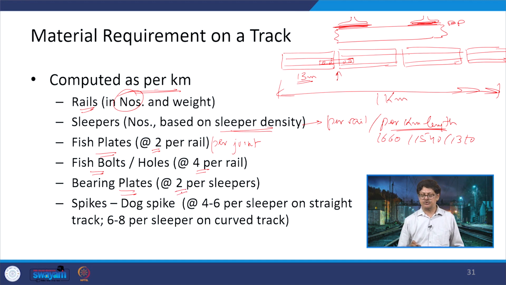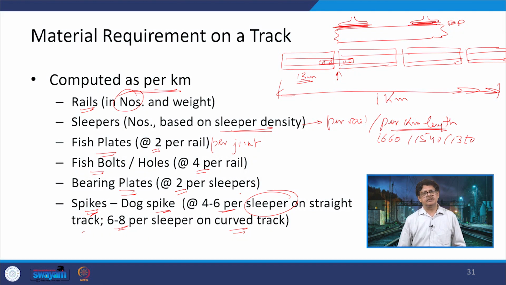As soon as you know the number of sleepers, multiplying gives you the number of bearing plates to be provided. Spikes, dog spikes, are 4 to 6 per sleeper on a straight track and 6 to 8 per sleeper on a curved track. Depending on that we can again calculate how many are required because we know the number of sleepers.